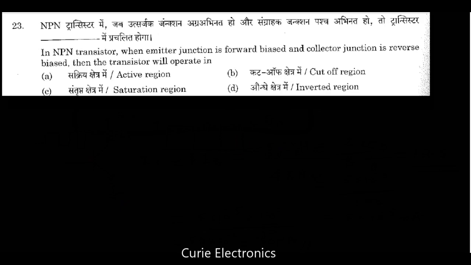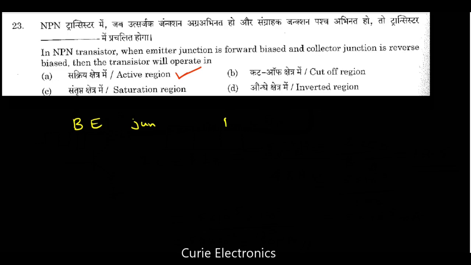In an NPN transistor, the emitter junction is forward biased and the collector junction is reverse biased. Then the transistor will operate in the active region. Now, all of you know there are two junctions, that is the base emitter junction and the base collector junction.